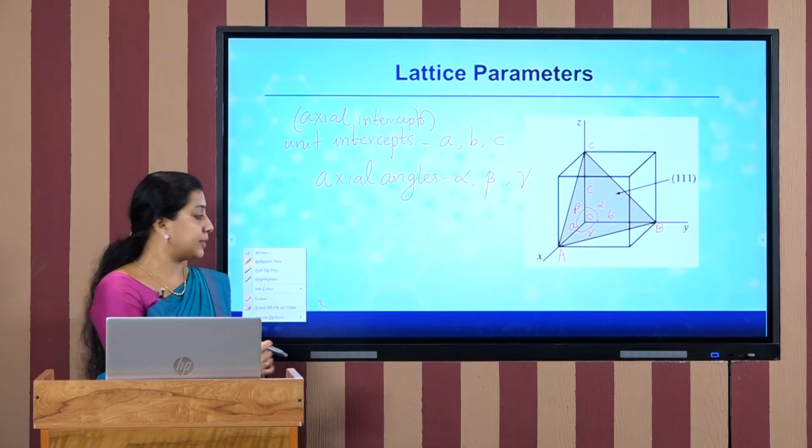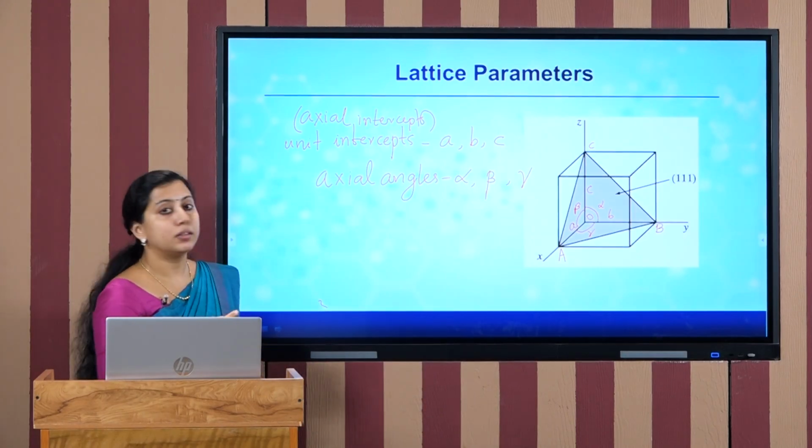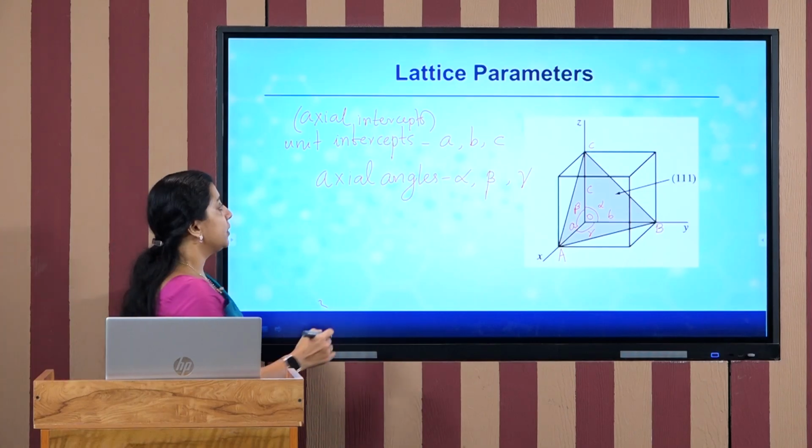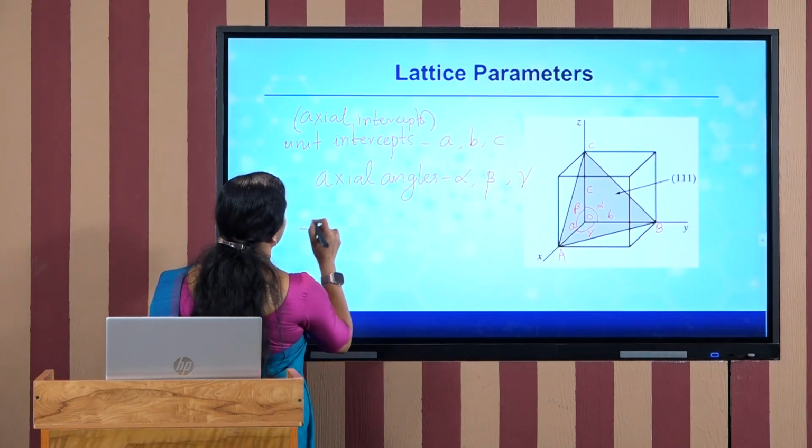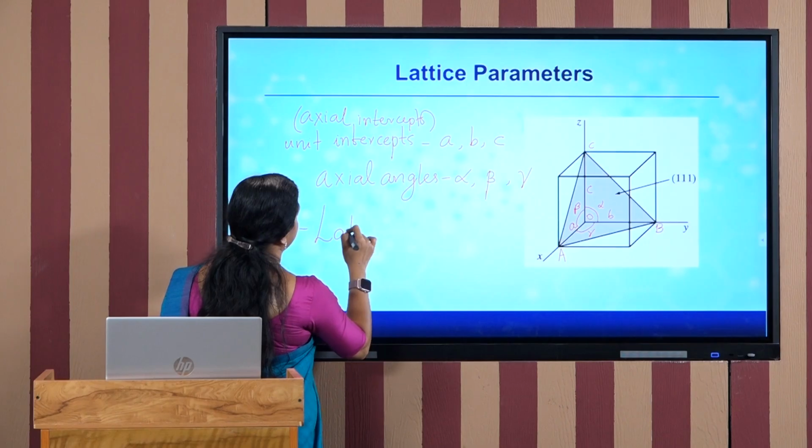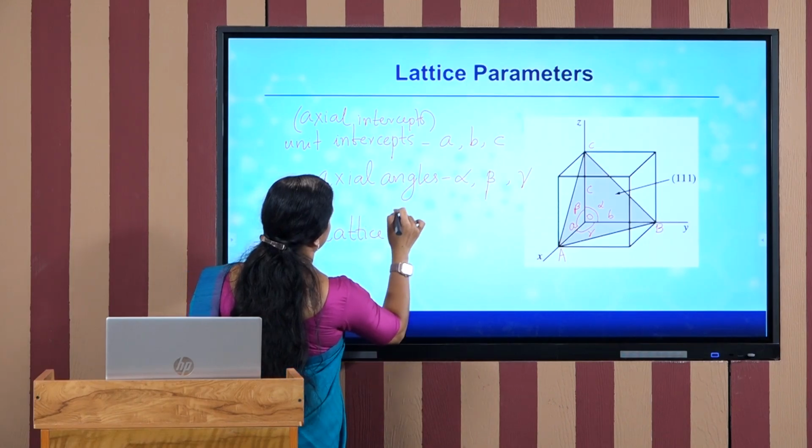These two entities characterize a unit cell. So, these two entities are together known as lattice parameters.